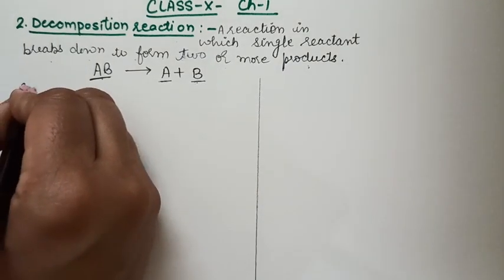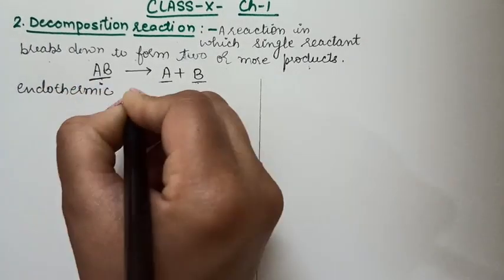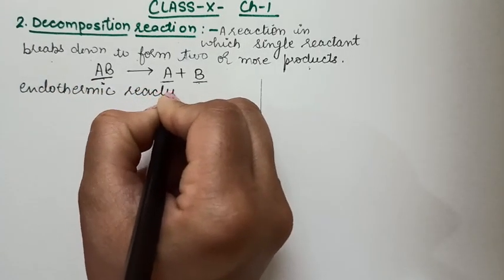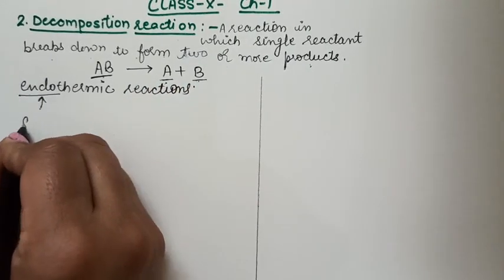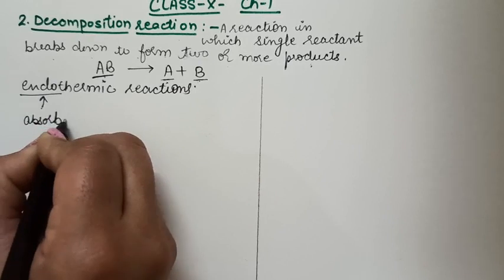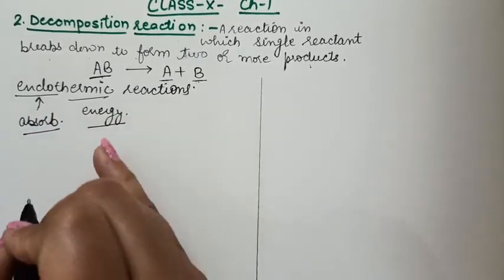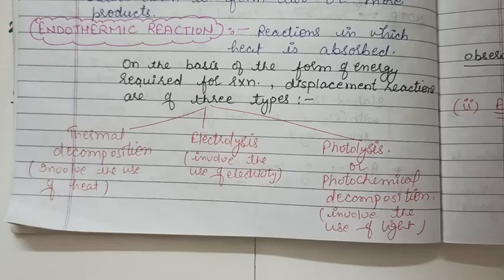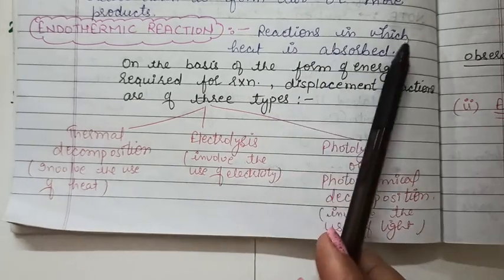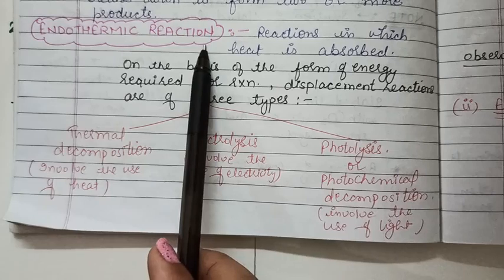That's why they are called endothermic reactions. Endo means to absorb or gain energy. That's why the decomposition reactions are called endothermic reactions. Reactions in which heat is absorbed are called endothermic reactions.